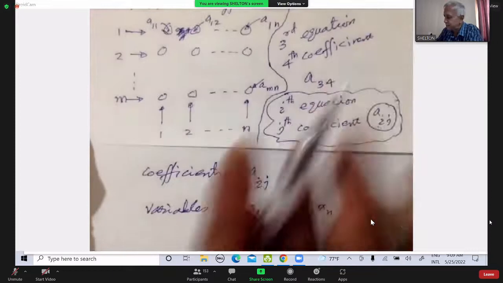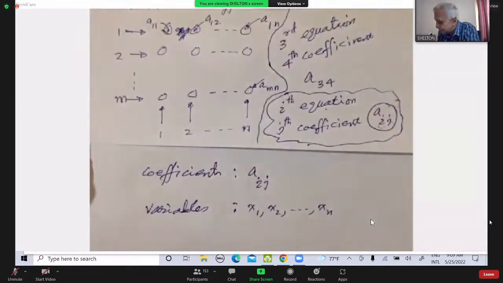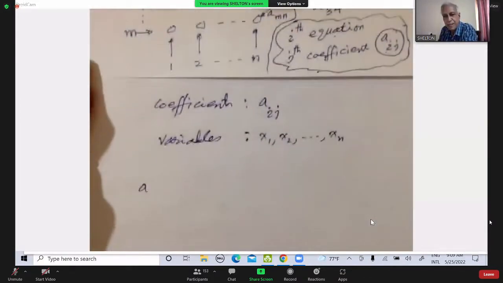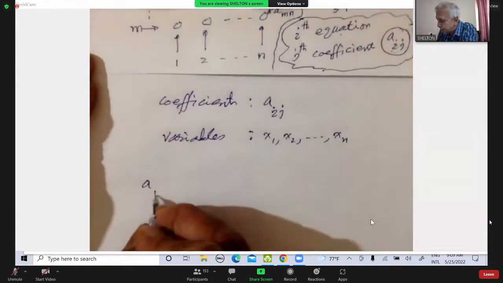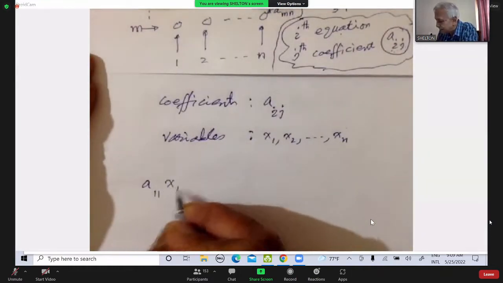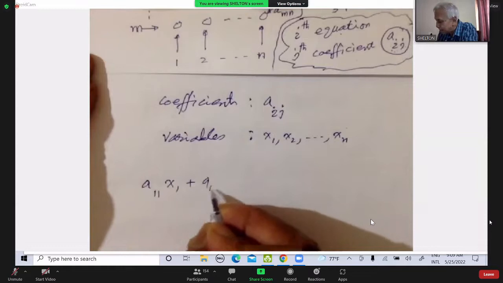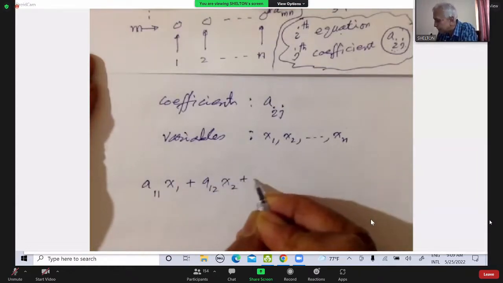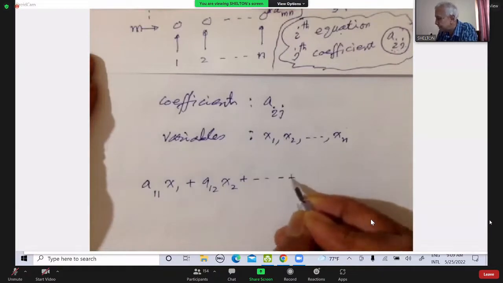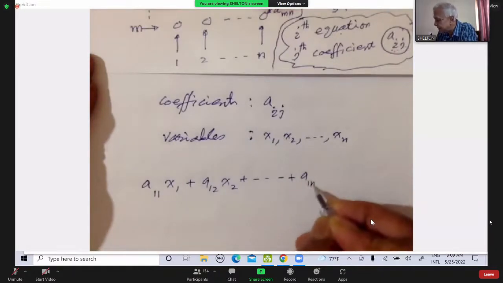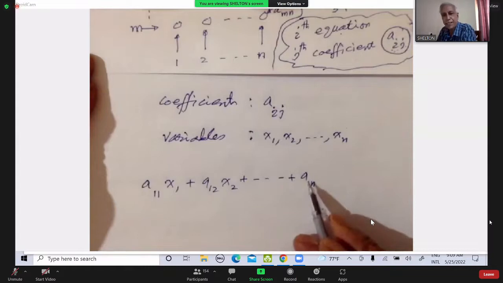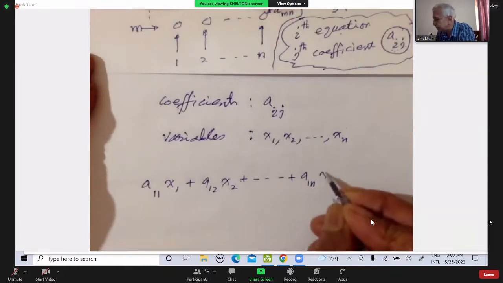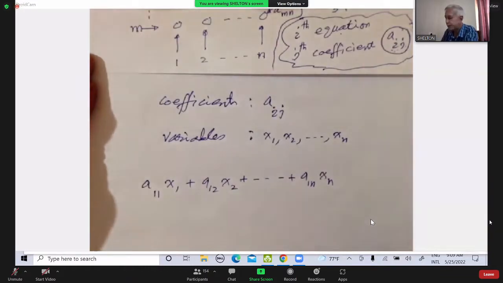The first linear equation in this system I have described is A11 x1 plus A12 x2 plus ... plus A1n xn, first equation, nth coefficient, equal to, we'll come to that.